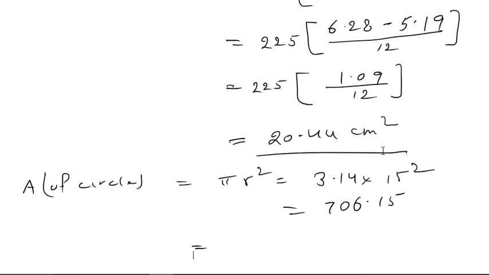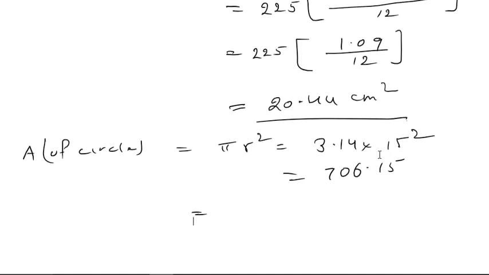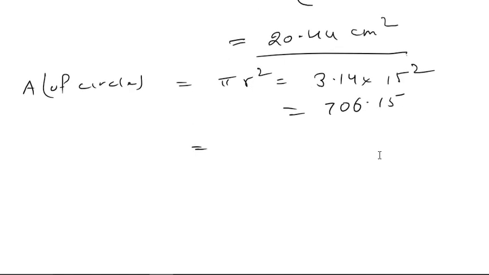Okay, if there is any calculation mistake, you check. So area of circle, what we got, we got this as 706.15 centimeter square.